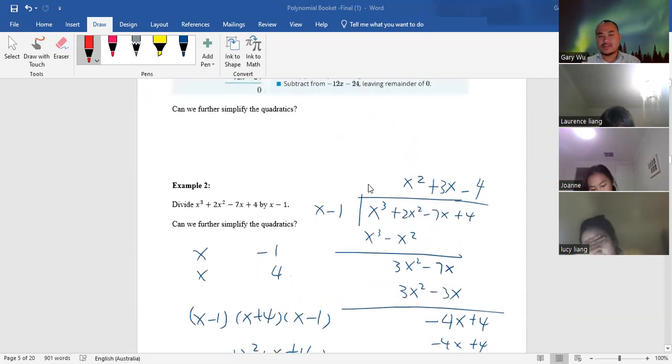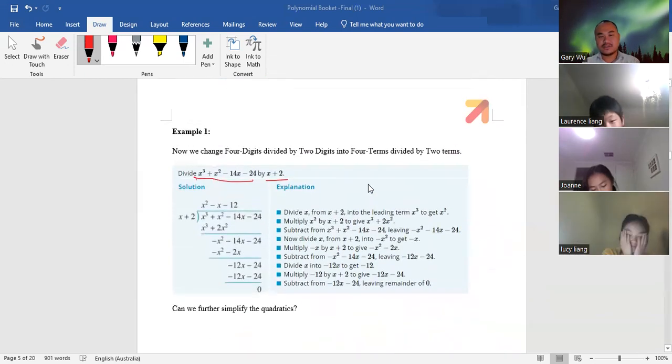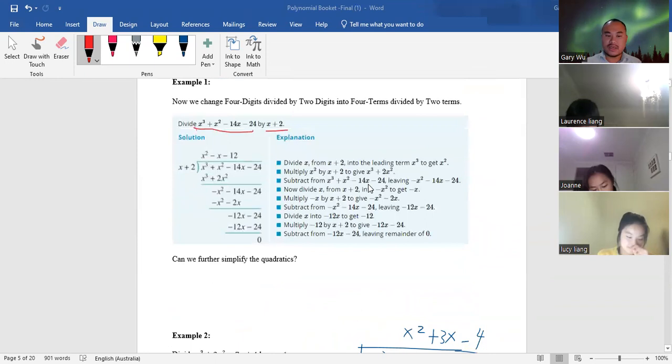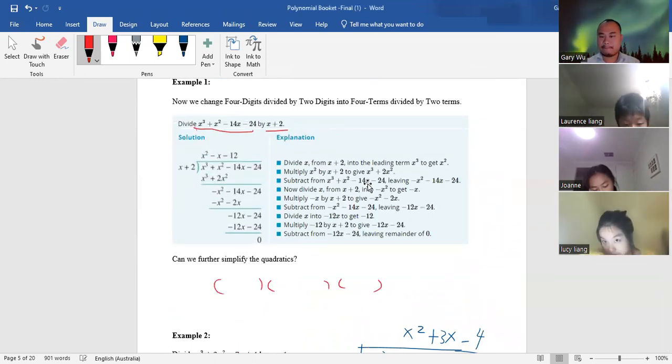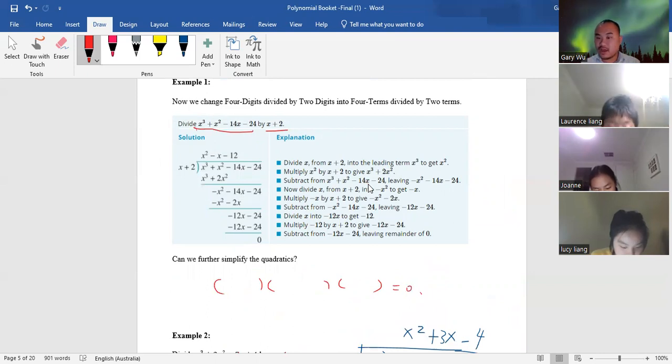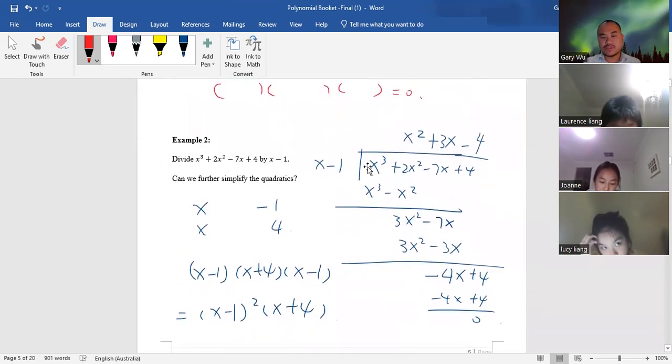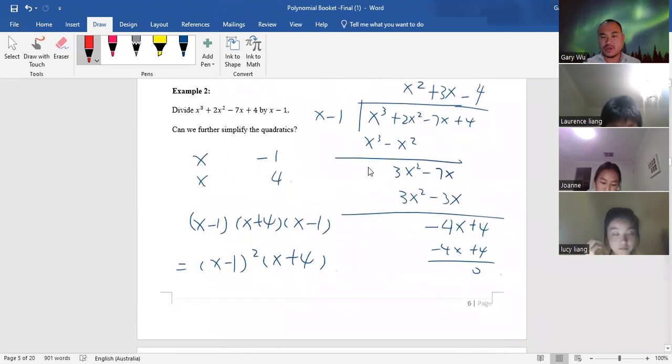All right, so let's summarize it together. For the first one, the factors are 3 brackets, right? If we make it equal to 0 and solve for that, how many solutions will we have? 3 solutions, okay. And remember the second example, this is how we factorize it, right?